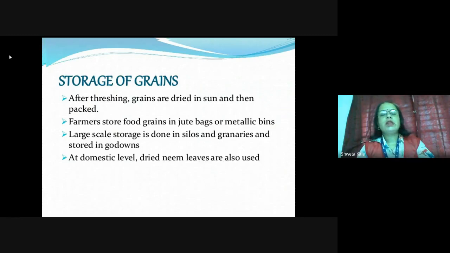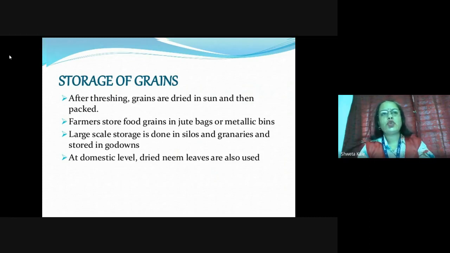Next one, the storage of grains. Once the grain is separated from the husk, it becomes necessary that they should be stored properly. So after threshing, the grains are dried in the sun and then they are packed in bags, gunny bags, or large metallic bins.